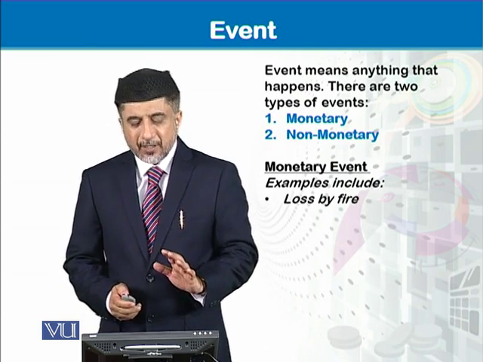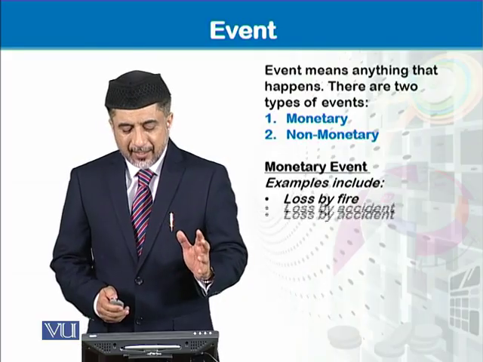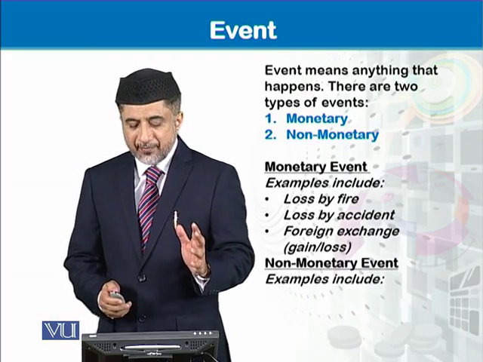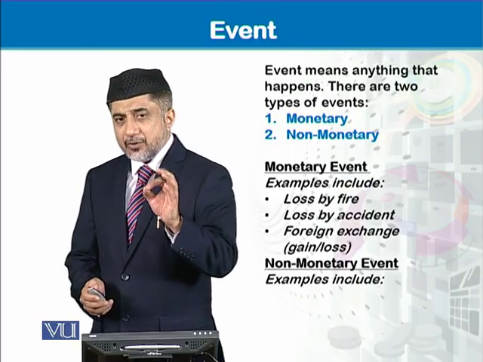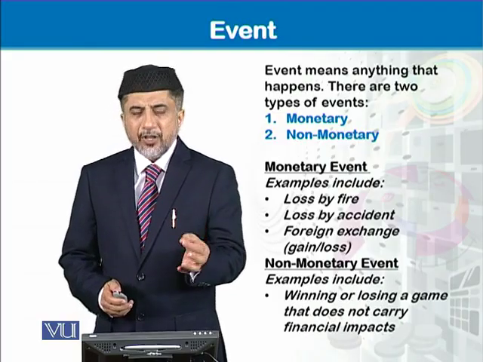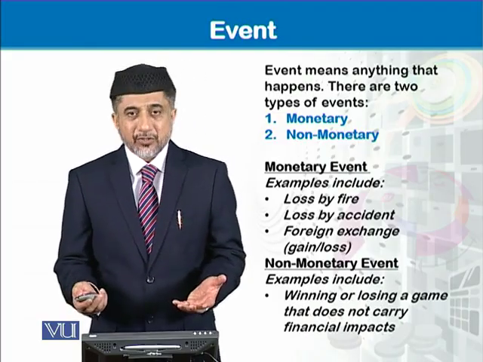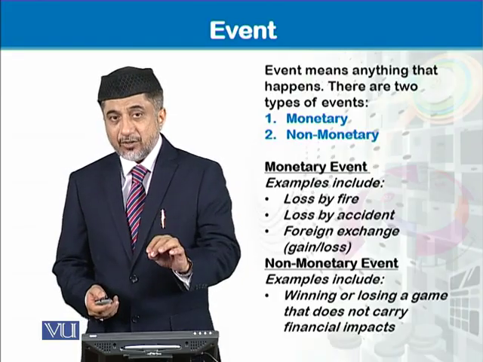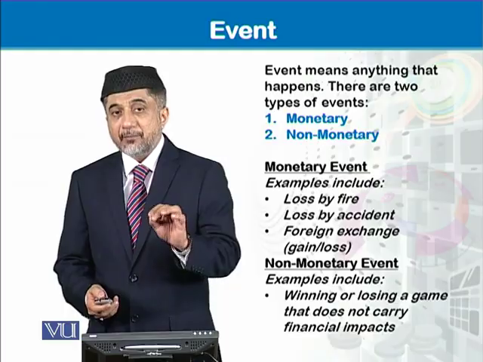For example, loss by fire, loss by accident, foreign exchange gains or losses. Whereas non-monetary events can be winning or losing a game, which does not have any financial impact. So in financial accounting, we would be focusing on the monetary events.